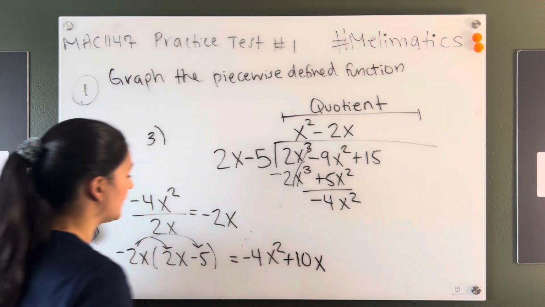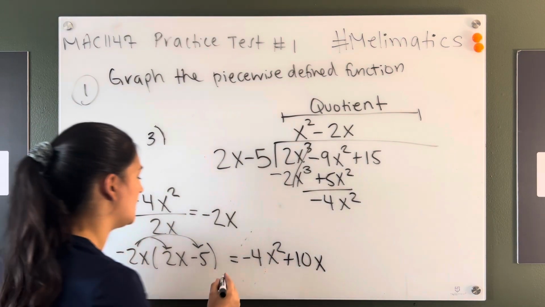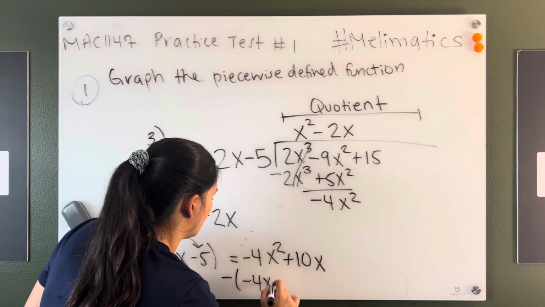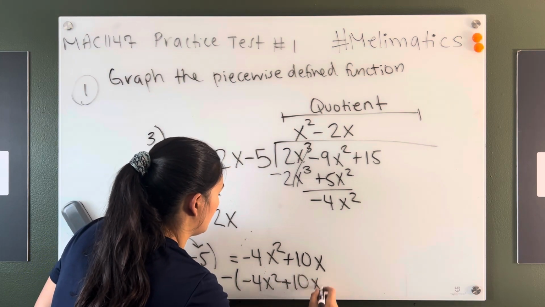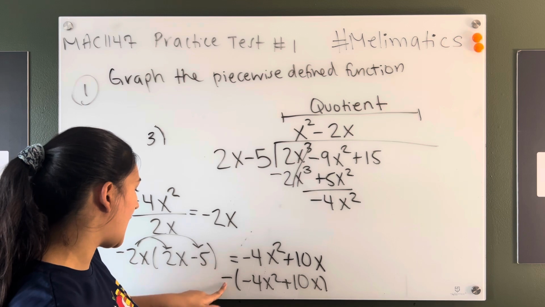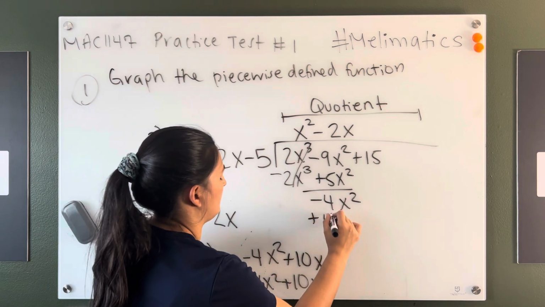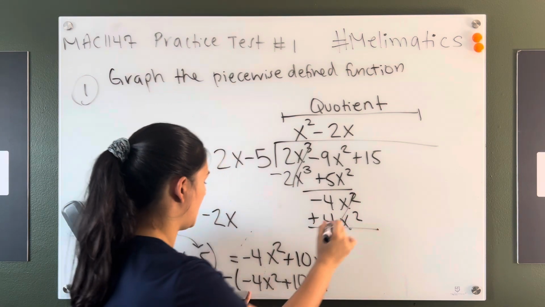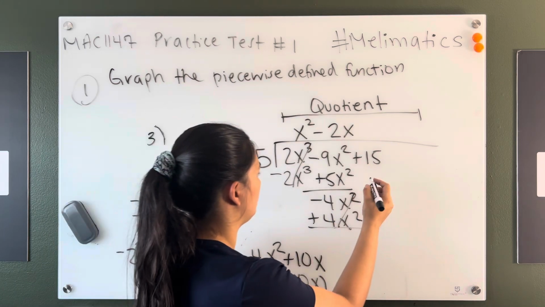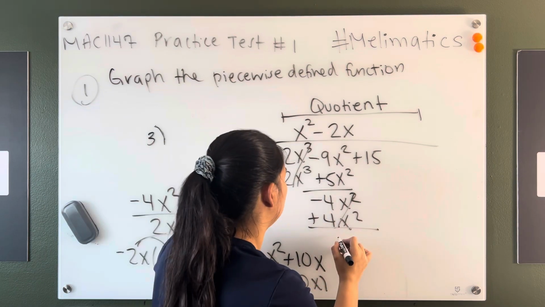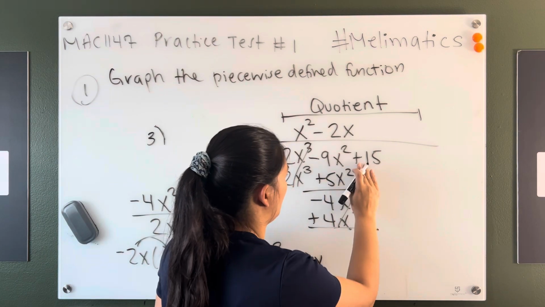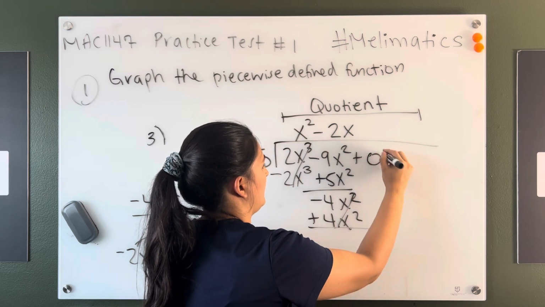Okay? But don't forget that we're subtracting both of these terms. Right? They're split into two terms, so subtract both terms. So this is actually adding 4x squared, which cancels it. And this is subtracting 10x. Okay, here I'm just going to add 0x because you don't have an x term.